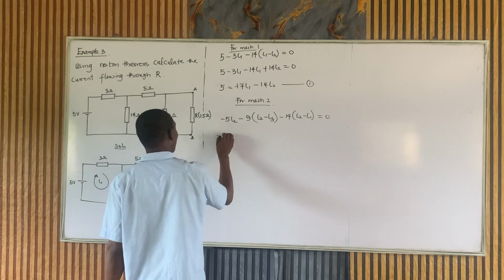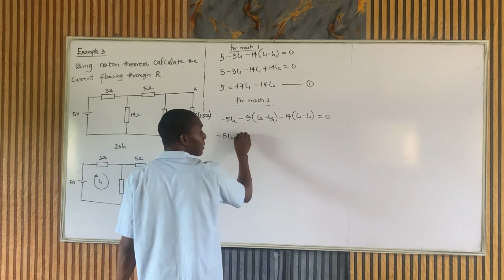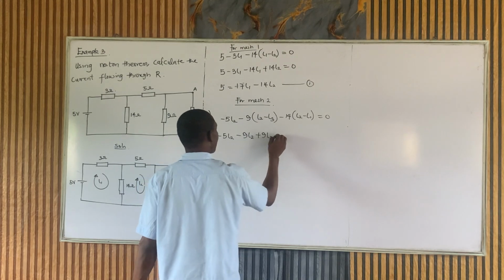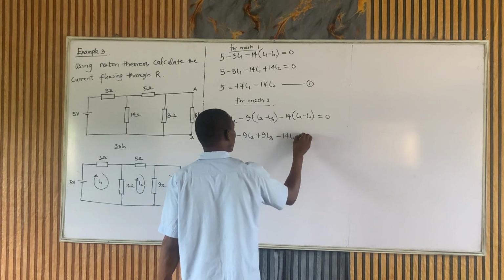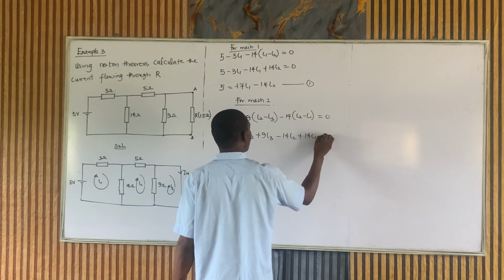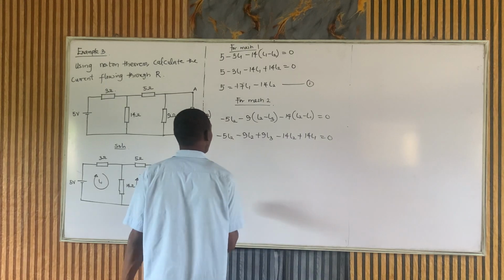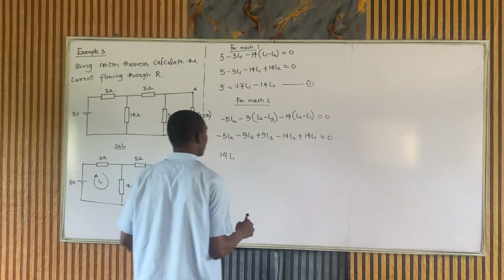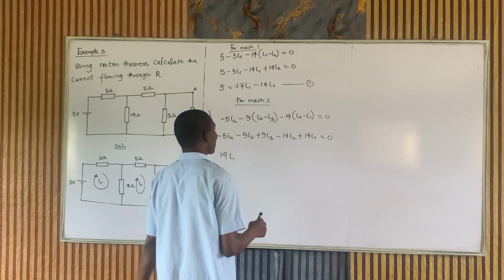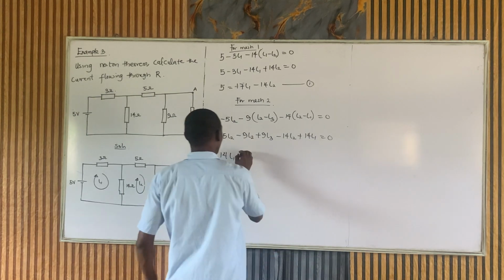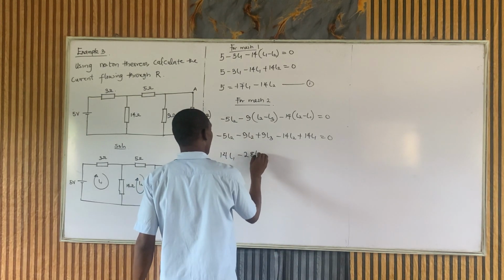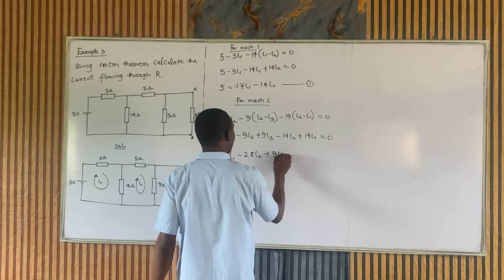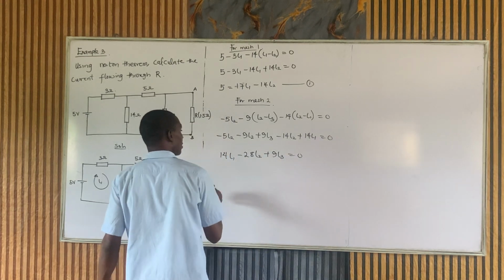This is going to give us minus 5I2 minus 9I2 plus 9I3 minus 14I2 plus 14I1 equals 0. Rearranged, minus 5 minus 9 is minus 14, minus 14 minus 14 gives us minus 28I2, and then plus 9I3 equals 0. So this is equation 2.